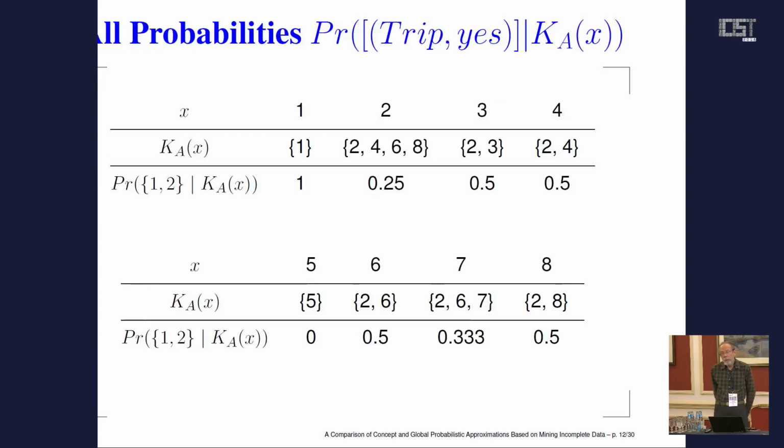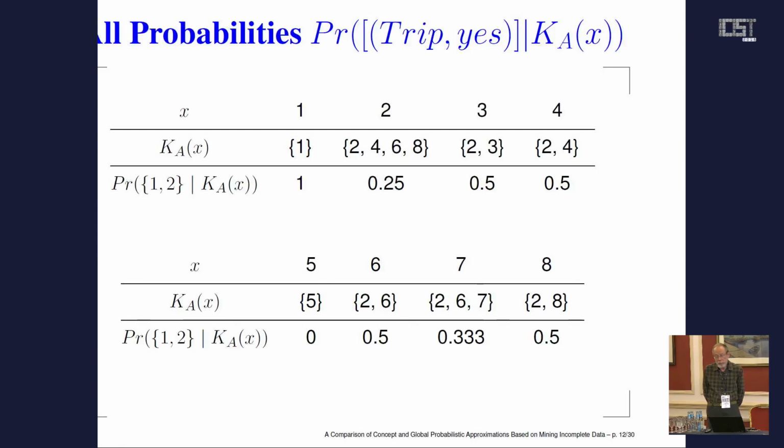And since we are talking about probabilistic approximations, people usually get the idea that there are very many approximations of this type. This is not true, because for any characteristic set you can compute the set of all conditional probabilities.